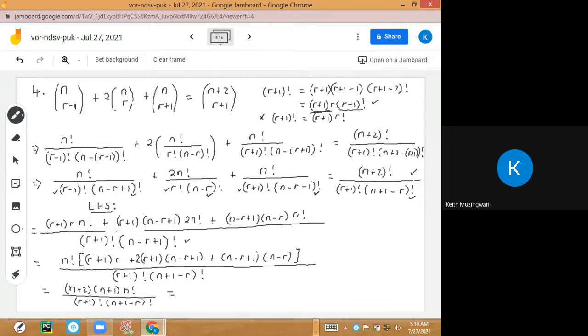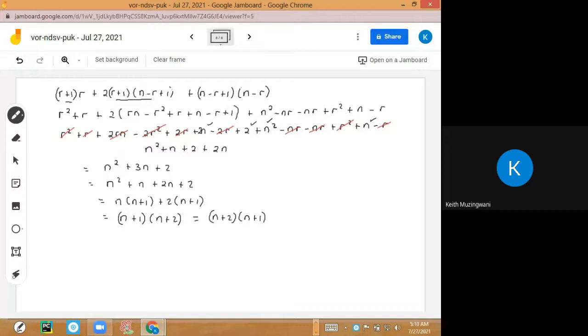But if you look closely, a product written in the form n plus 2, n plus 1, n factorial is the same as if you say p, then p minus 1, then p minus 2 factorial. You can write it as p factorial.